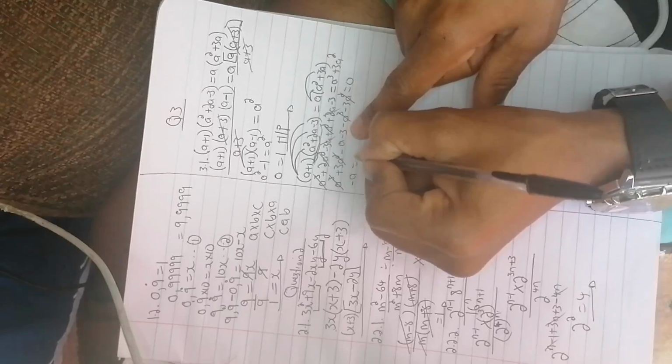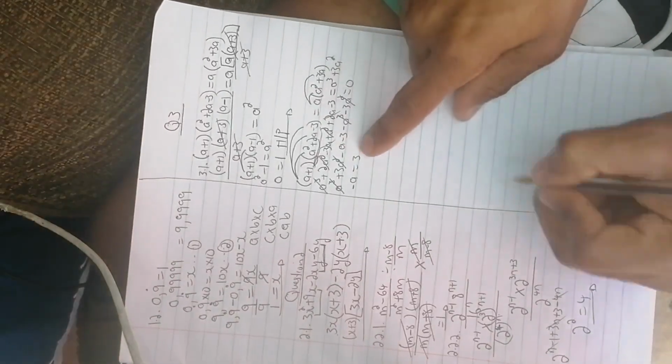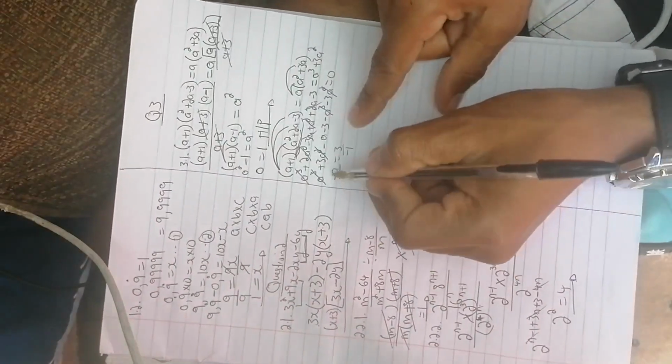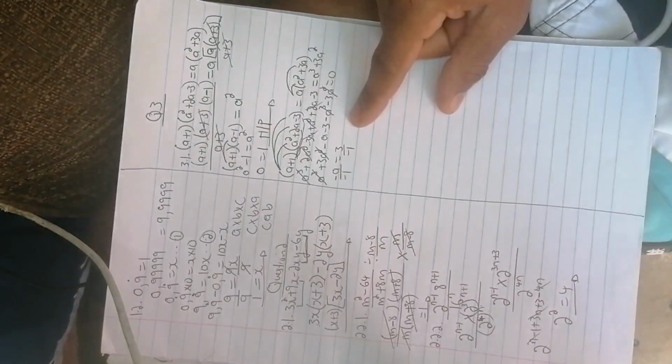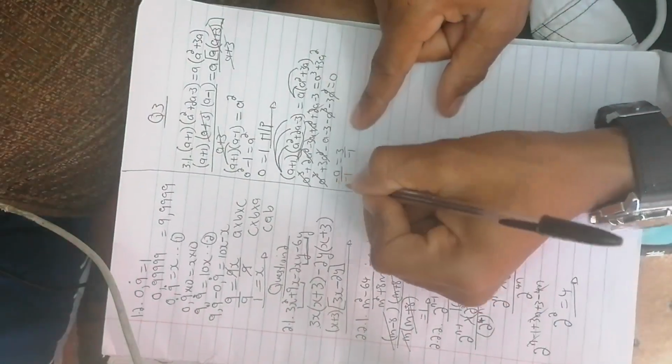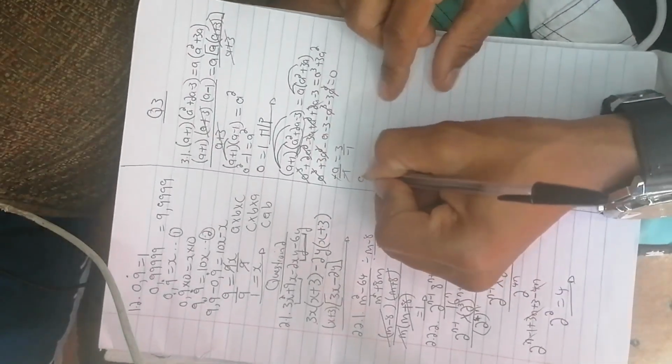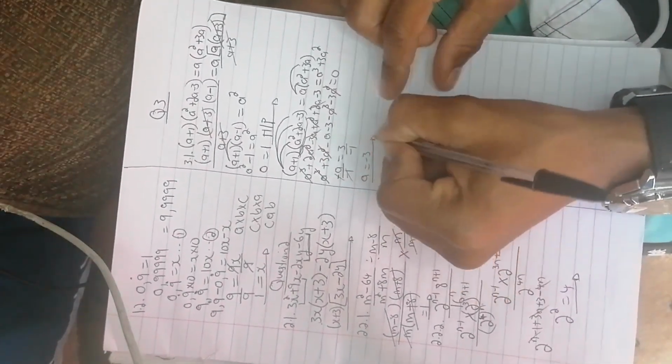Minus a equals 3 if I take this to the other side. Divide by minus 1 because there's a minus 1 there. Minus 1 and minus 1 cancel, I'm left with a, and a is minus 3.